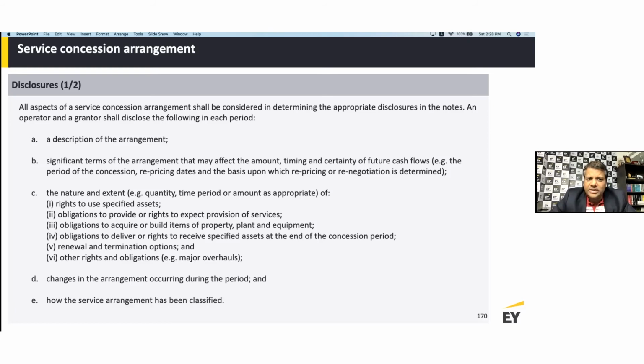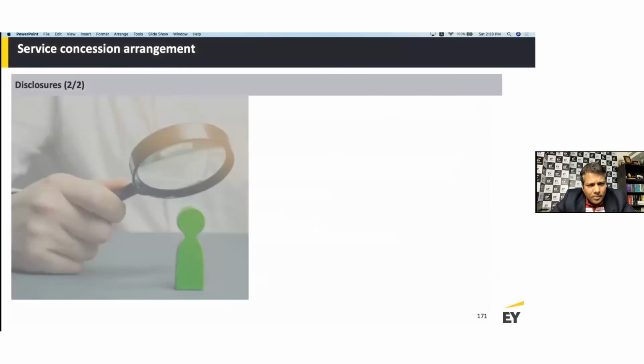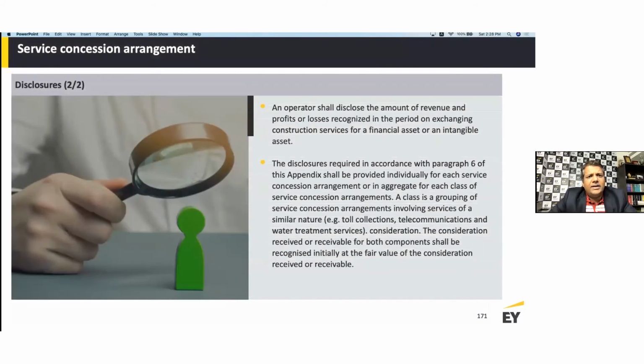How the service arrangement has been classified, like a financial asset or intangible asset, I need to disclose that as well. More disclosures: disclose the amount of revenue and profits or losses recognized in the period on exchanging construction services for a financial asset or intangible asset, meaning when I'm doing the construction, how much profit I've recorded during the construction, resulting in recognition of a financial asset or an intangible asset.